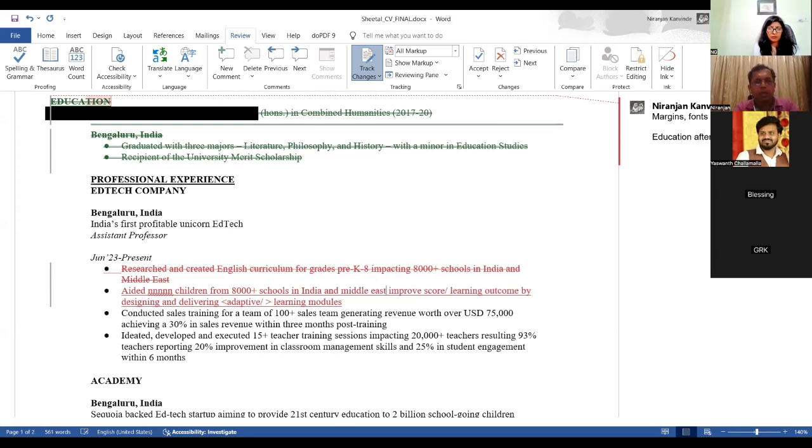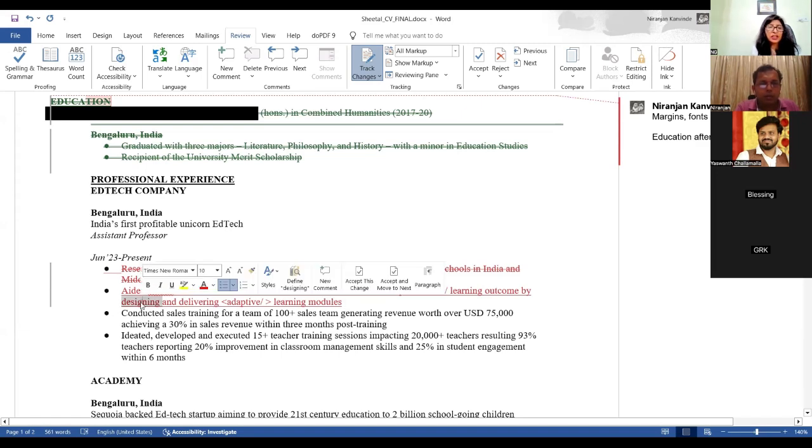Could you also mention why we have mentioned the designing and delivering? Niranjan, maybe what you could do so that everybody understands is compare what Sheetal had written and how you have used the ASPA approach to make this change. I think that will answer Sheetal's question as well.